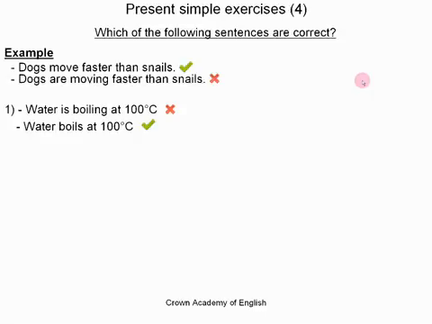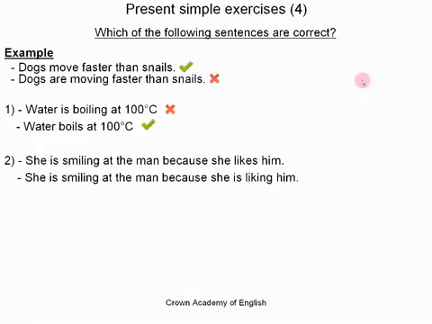So again, you've got 10 seconds here. If you need more than 10 seconds, then pause the video. So one of these is right and one of these is wrong. So here's the answer coming up now. The one which is right is the first one. She's smiling at the man because she likes him. Although it's happening now, it's a temporary situation.